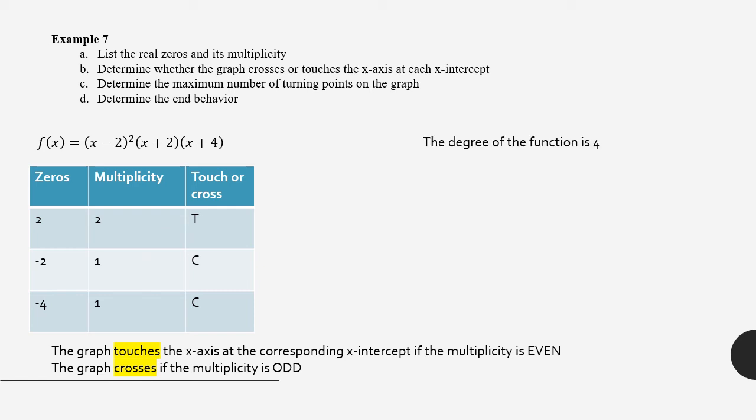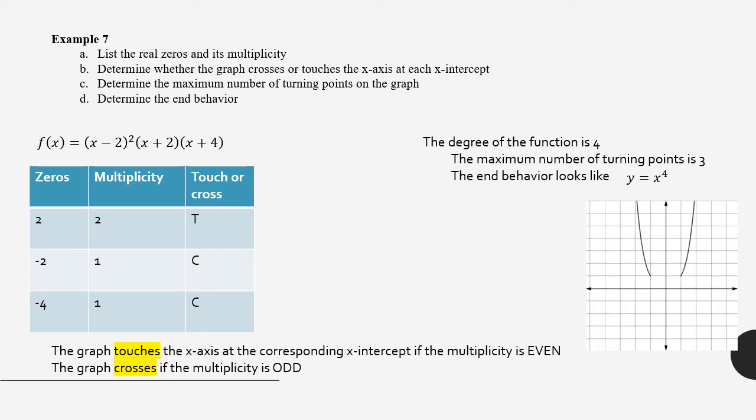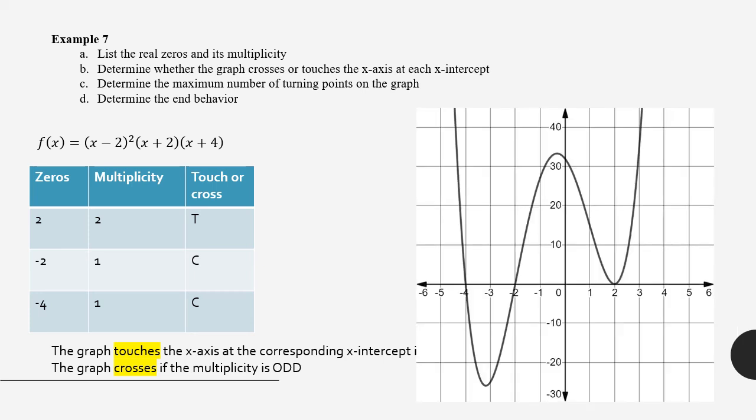We said we have a 4th degree polynomial, which means it turns at most 3 times, and it looks like x to the 4th. And then here it's graphed on Desmos. So again, we just need the arrows. If we look here at the turning points, the graph turns once here, a second time here, and a third time here.